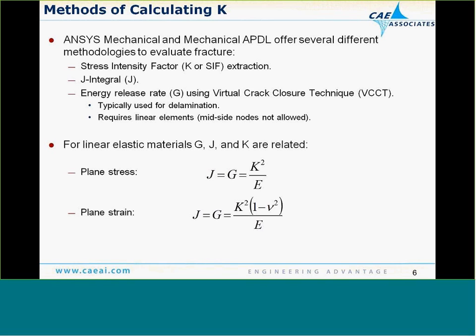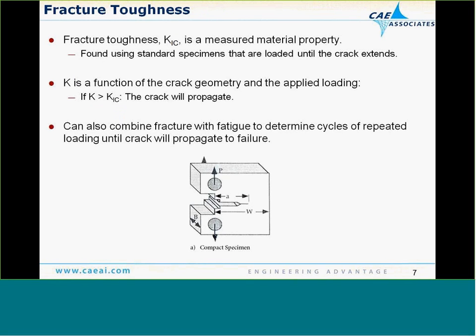As you can see, for a linear elastic material, J, G, and K are all related, so you can decide which technique you'd like to use, and then you can relate them back. There are many reasons why you might want to choose one versus the other. The J integral, for example, can handle when you have plasticity at the crack tip that you're modeling. The energy release rate is used many times for delamination problems, so there are different reasons why you might want to use the different techniques.